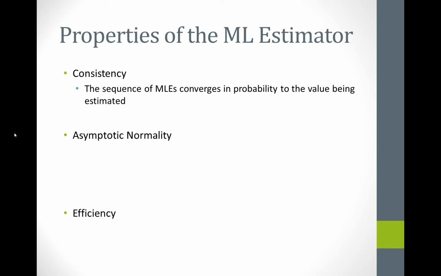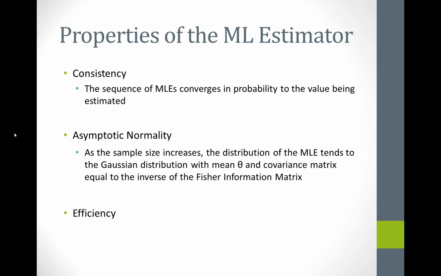Our second major property is asymptotic normality, and it sounds a little confusing, but what it basically says is as the sample size increases, the distribution of the maximum likelihood estimate fits a Gaussian distribution with mean at theta and covariance matrix equal to the inverse of the Fisher information matrix.